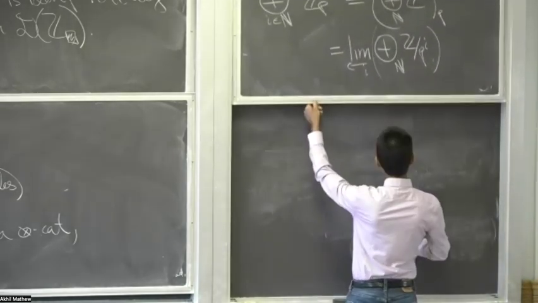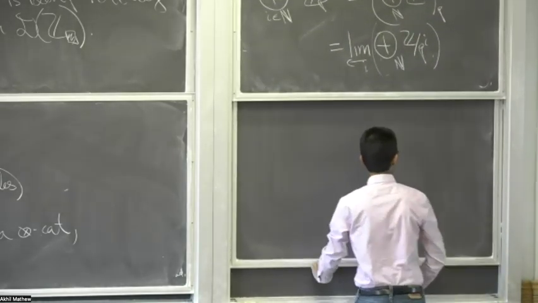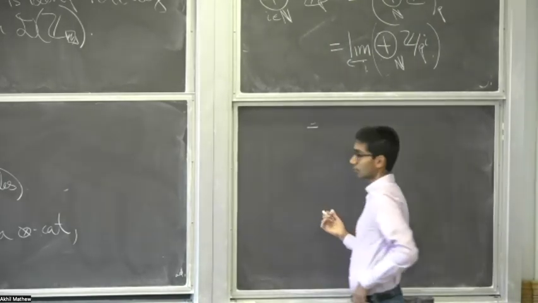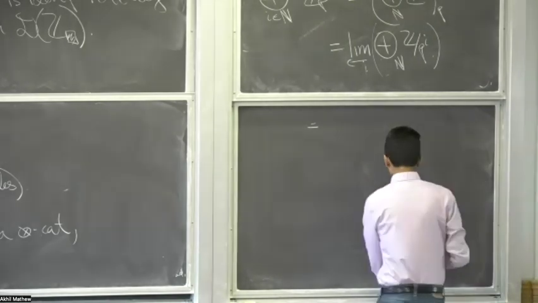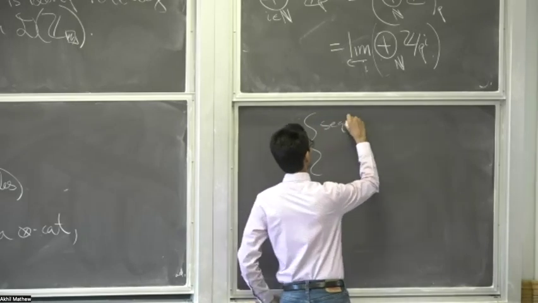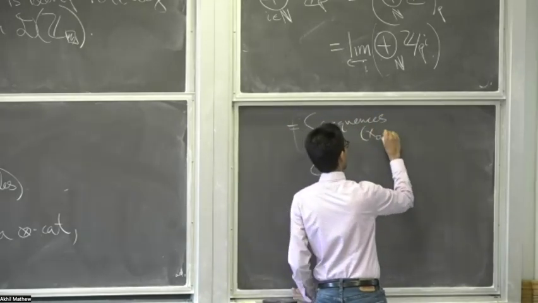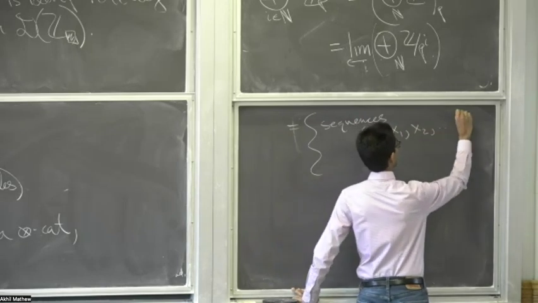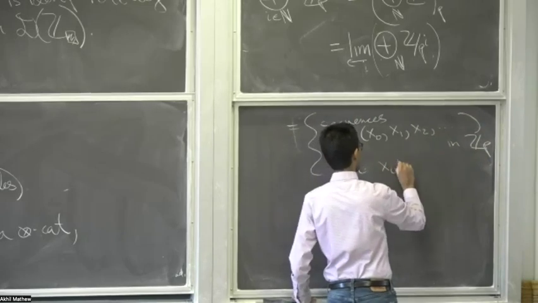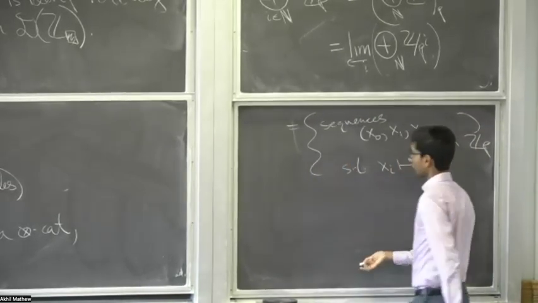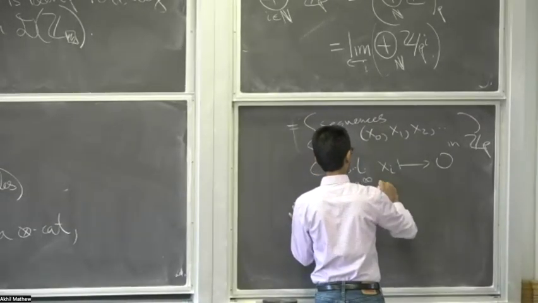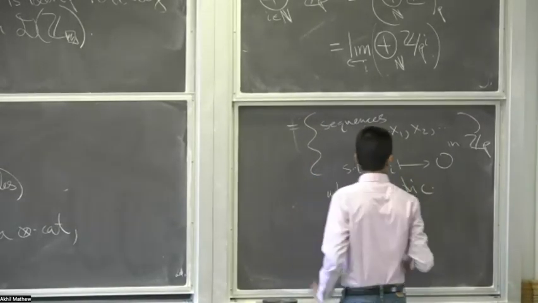We can look at it this way. If we want to define this in more topological terms, it's the space of all sequences. We could define this via a metric space. So consider the set of all sequences x_0, x_1, x_2, ... in Z_p such that x_i tends to 0, given the L infinity norm.